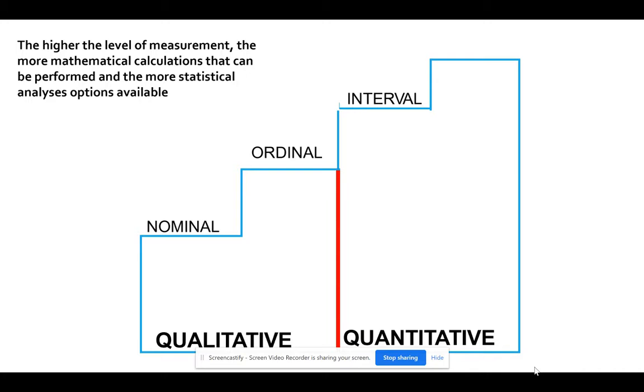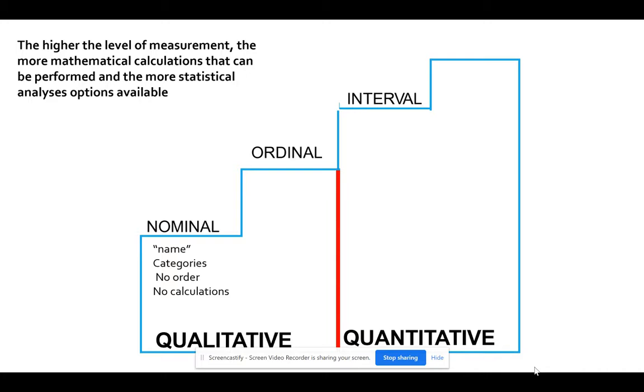The lowest level is nominal, and it is only applicable to qualitative data. Nominal is the adjective form of the word name, so you're thinking about just straight out categories. There's no sense of order, and you would not do any calculations.